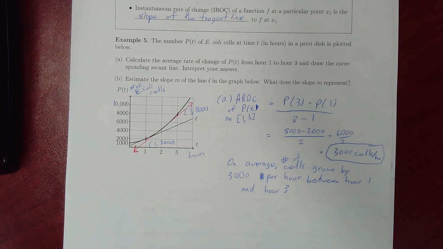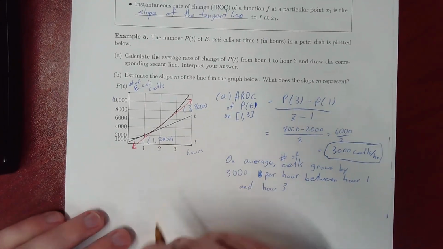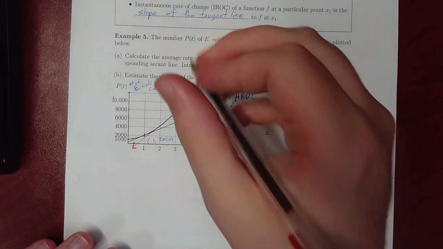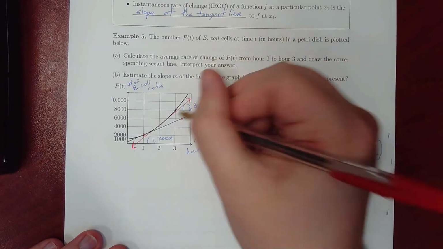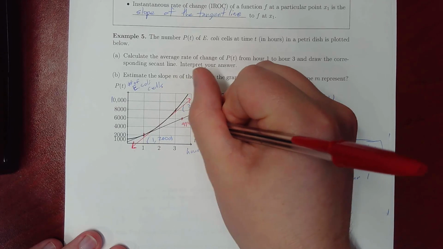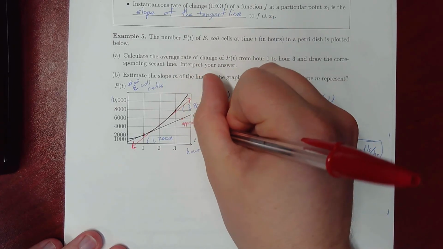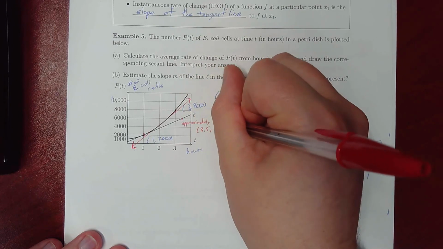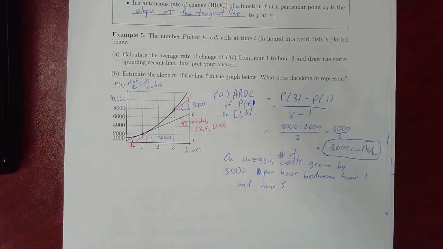But right now we have this graph, and we could look at one of the points to make some sort of estimate. If we look at this point here, where we know it crosses 6,000, it's probably not exact, but it's approximately the point (3.5, 6,000). So let's use that for part B to make our best guess at what's going on.